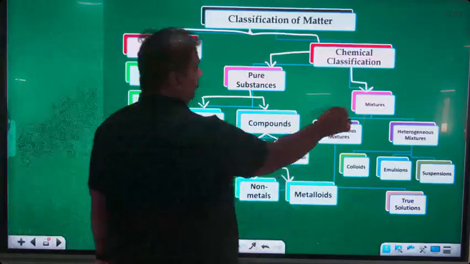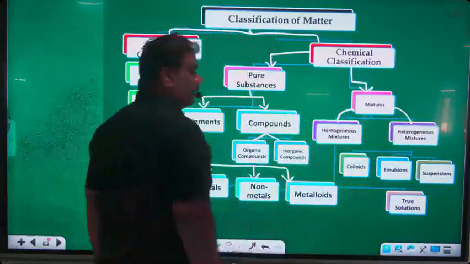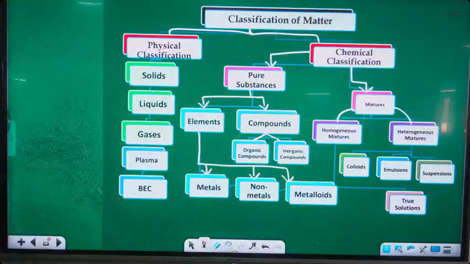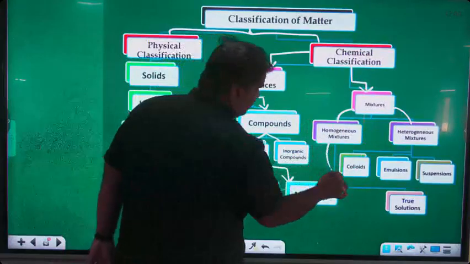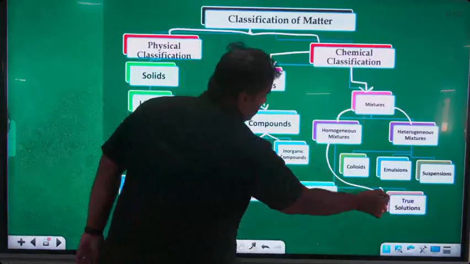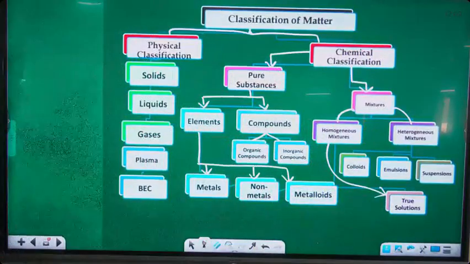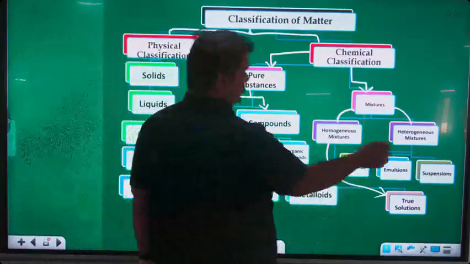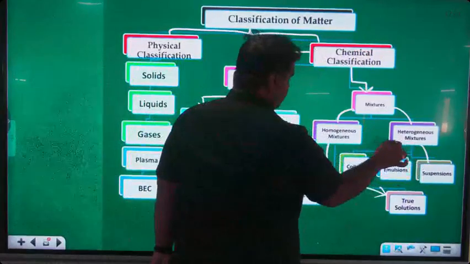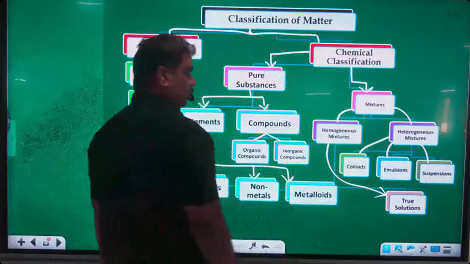One is a homogeneous mixture, other one heterogeneous mixture. Homogeneous mixtures, we have got only one thing, that is true solutions. కానీ heterogeneous mixture లో మాత్రం we have three things. ఒకటి suspension, other one emulsion, other one colloids.